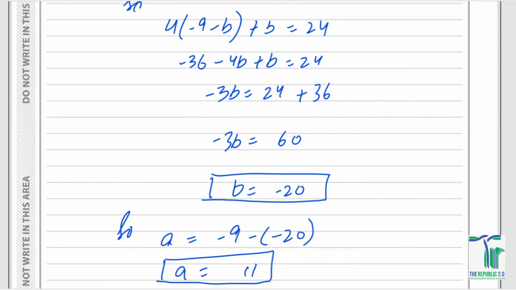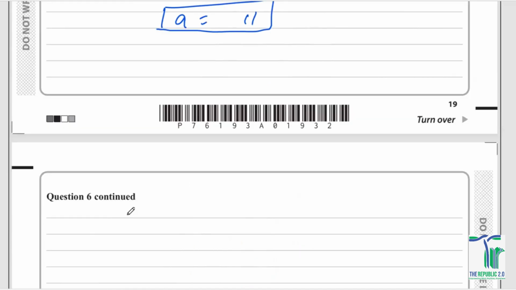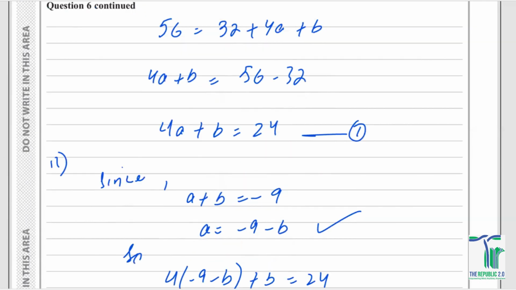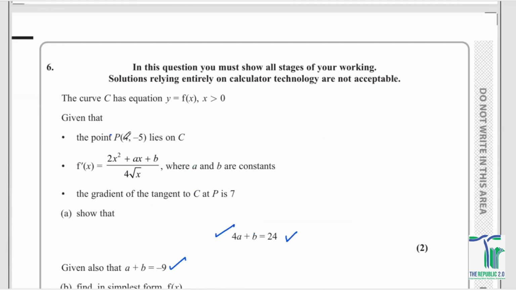So the function that we were looking for, now f dash x is going to be, if you remember, we've already got the derivative and that was 2x squared plus ax plus b divided by the 4th root of x. I'm just going to plug in the values of a and b.